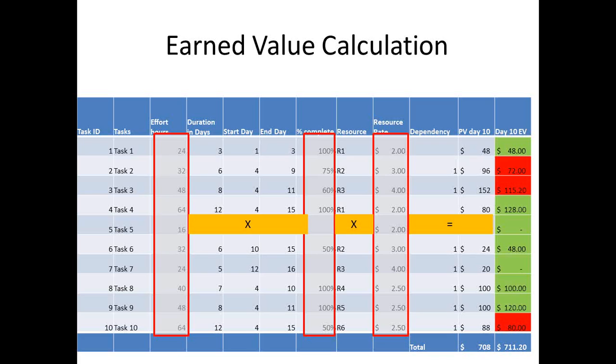Now you can see that for task 1, it's 100% finished. That means that you had assigned $48 to it and you actually have earned $48 for it. But for task number 2, you actually put in 32 hours and you have it at 75% complete and the rate is $3. So what that means is you've only earned $72 of that project.